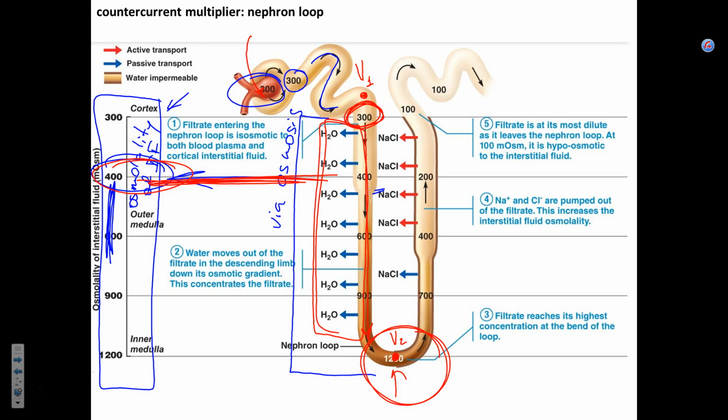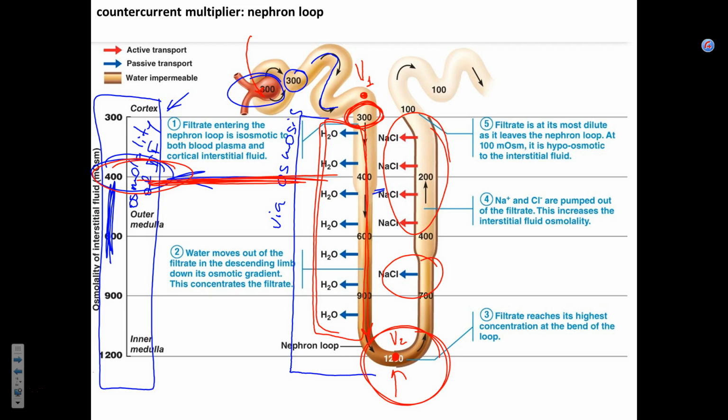Now, what happens in the ascending limb? In the ascending limb, sodium chloride gets reabsorbed, either through the pumps or at some point a little bit through facilitated diffusion. The point that I want you to make here is that in the ascending limb, there's no water reabsorption. Water stays in the filtrate.